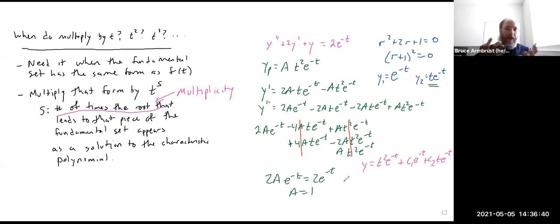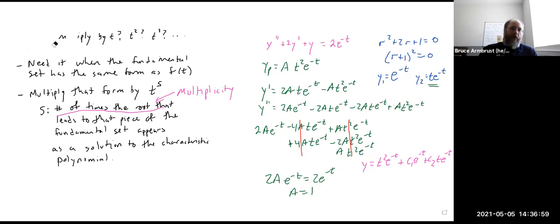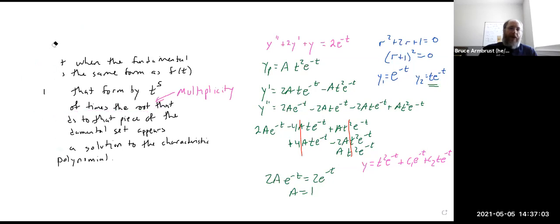So we have those three basic forms: polynomials, guess polynomials of the same degree. Exponential, guess the same kind of exponential. Trig function, sine or cosine, guess a combination of sine and cosine. But there are a couple of other forms that we can have that lead to good guesses when they're combinations of these things.